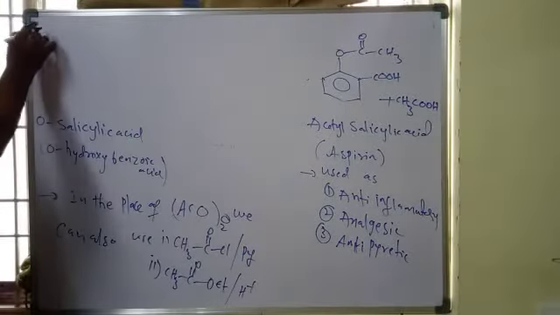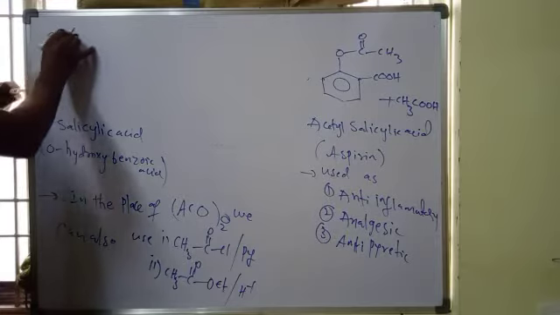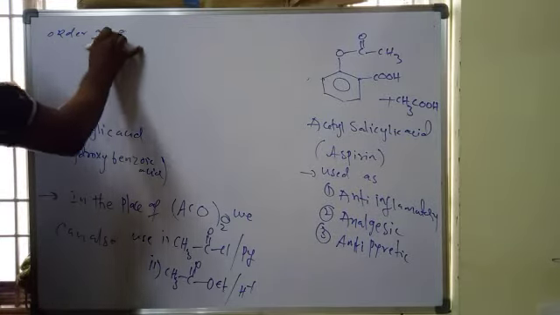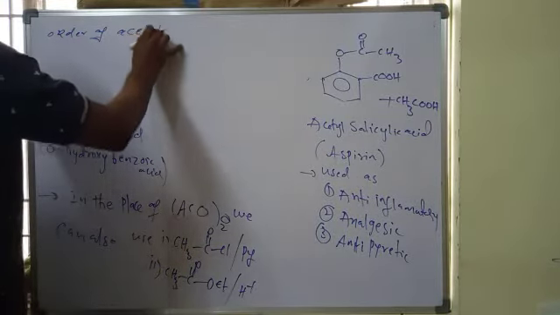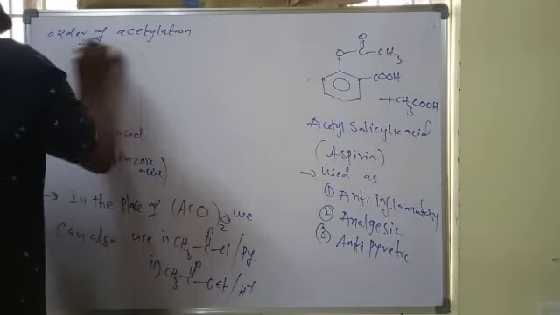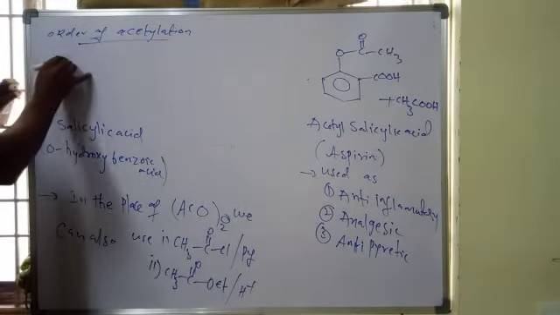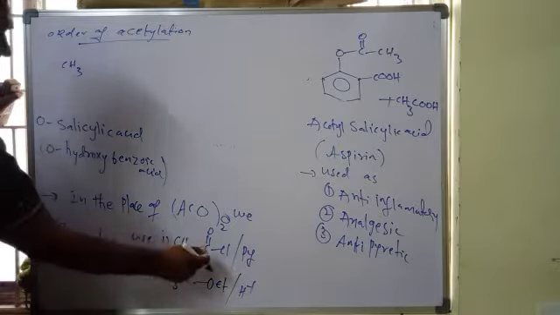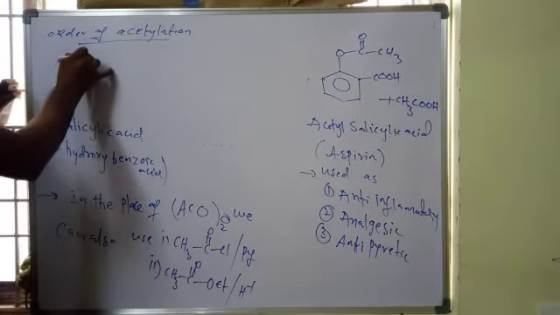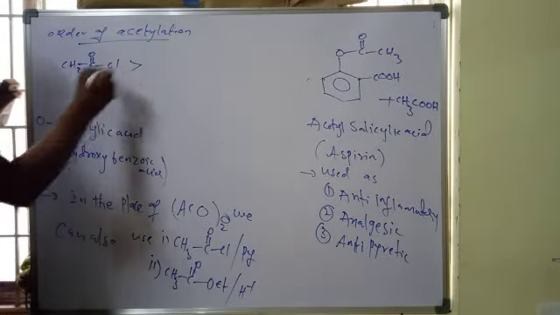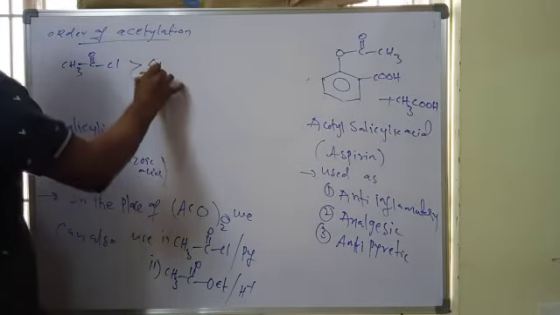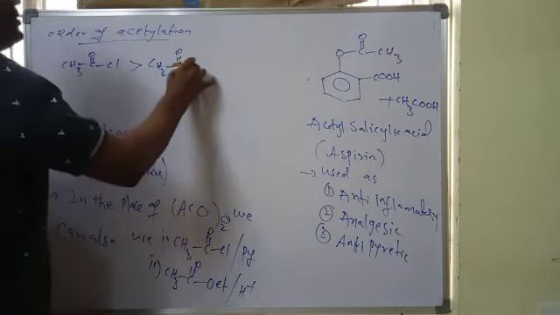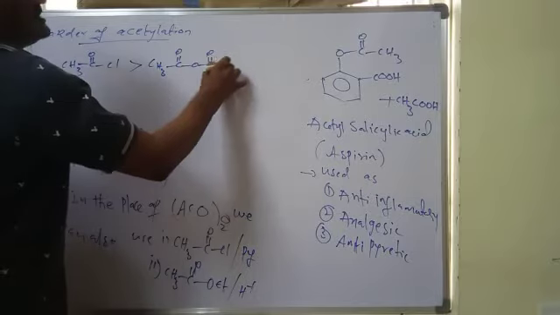Now, the order of acetylation, which is better. If you see, the first is acid chloride, CH3C double bond O Cl. Then after that anhydride, CH3C double bond O, O, C double bond O CH3.